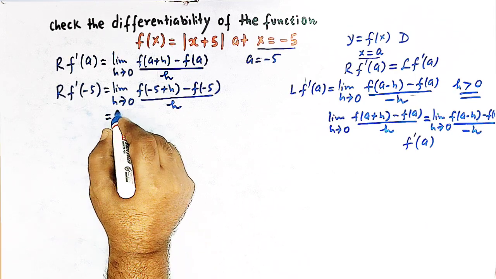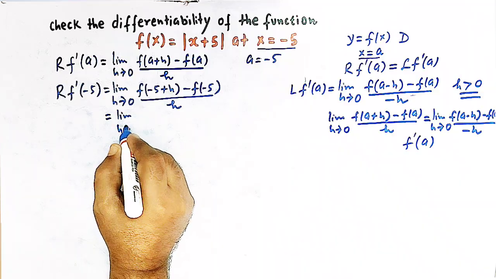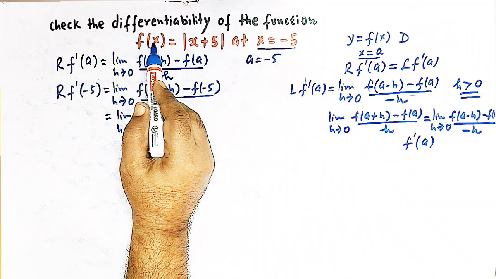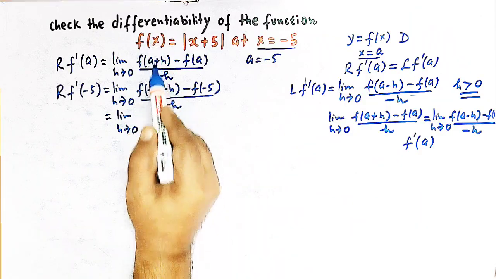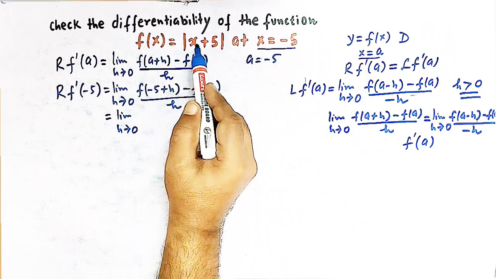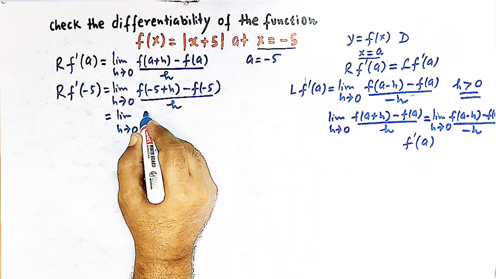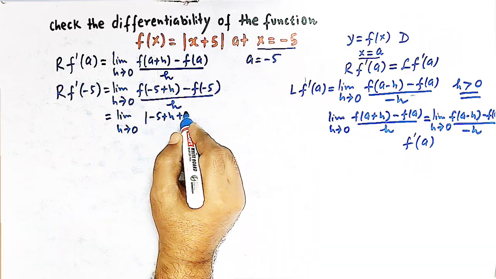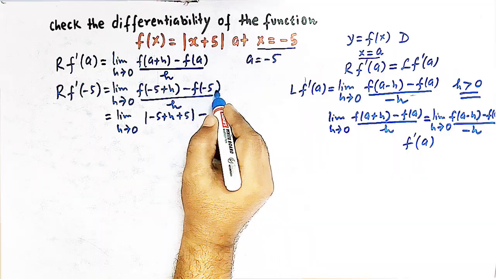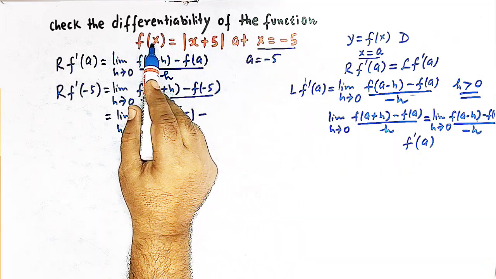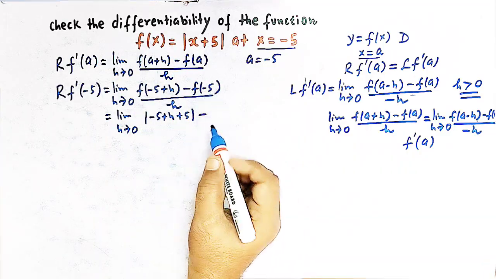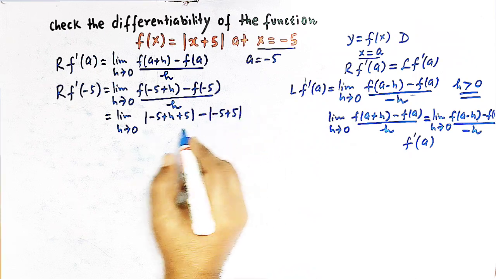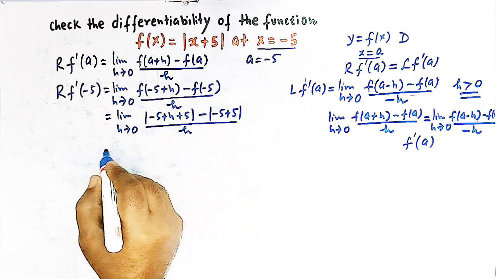Now f of minus 5 plus h can be obtained by replacing x by minus 5 plus h, so we have mod of minus 5 plus h plus 5, and f of minus 5 can be obtained by replacing x by minus 5, so we have mod of minus 5 plus 5, and here we have h.